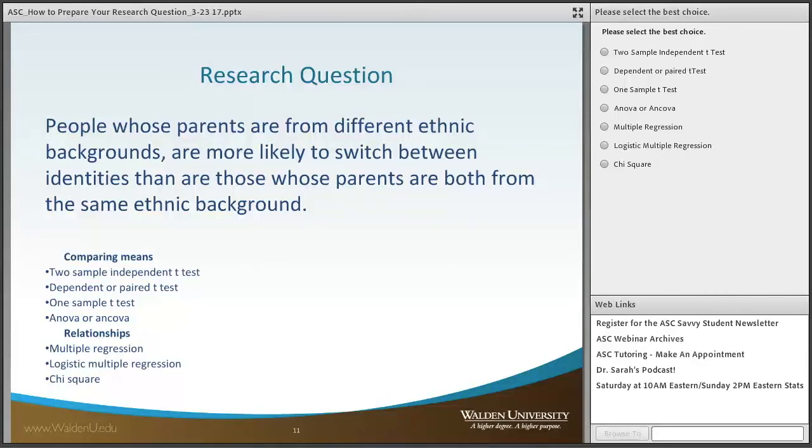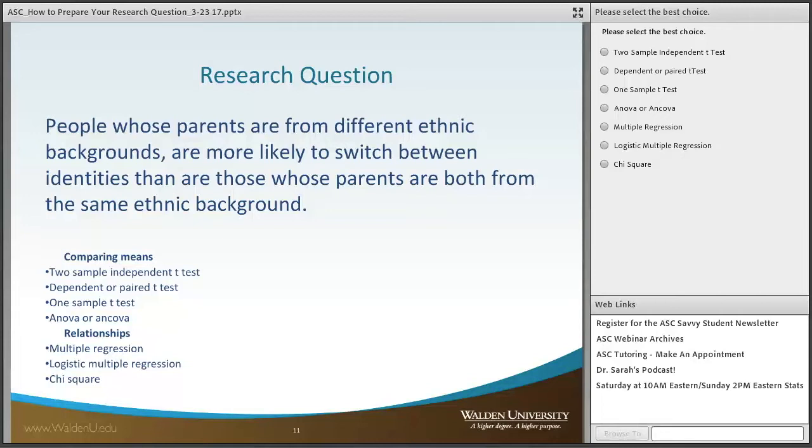Would there be a survey that would ask and say, do you switch between your parents' ethnic groups, or do you not? So I would find this difficult to collect the data and identify the different switching. Even finding the groups, I think, would be a bit of a challenge.